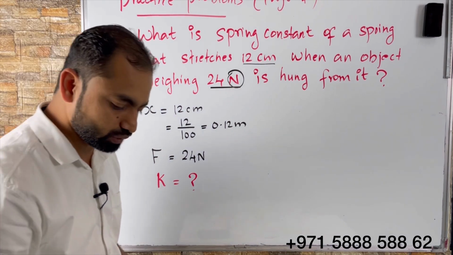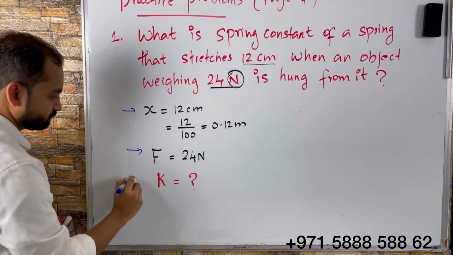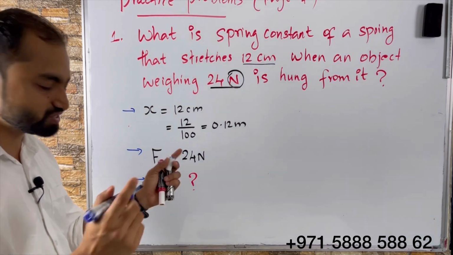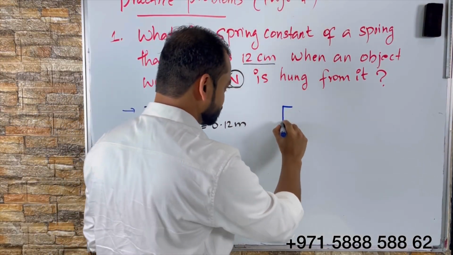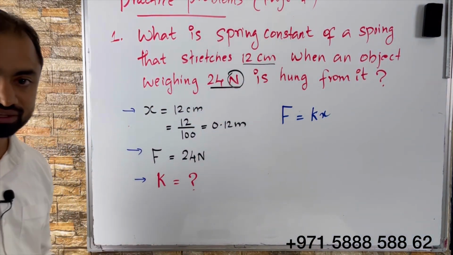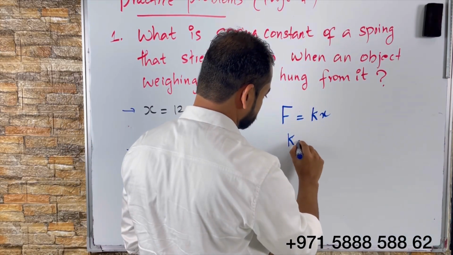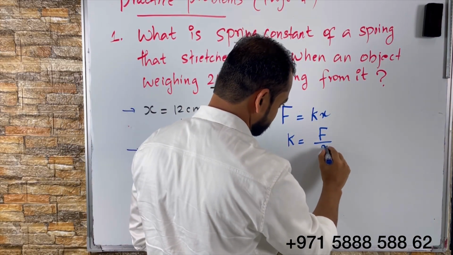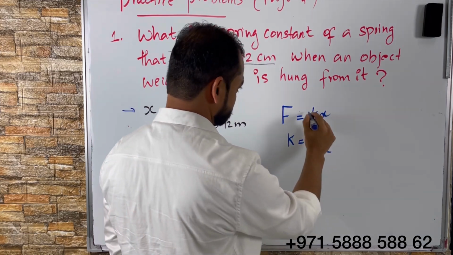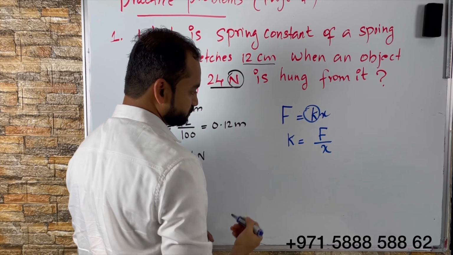Then look for an equation that connects X, F and K. Just discussed before, there is an equation, that is Hooke's law equation, which connects all the three: force, spring constant, X. So spring constant K is equal to F divided by X. X will cross the bridge, so X will come down, right?